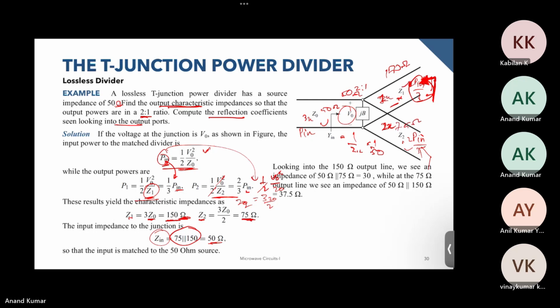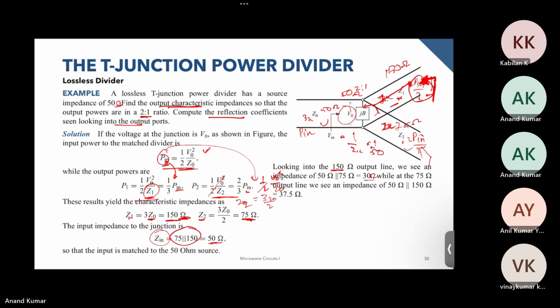So coming from this direction, first you see 150 ohms, and then 50 ohms and 75 ohms in parallel. If you calculate the parallel impedance of the 50 ohm and 75 ohm, it turns out to be 30 ohms, and this 30 ohms is now in series with 150 ohms.